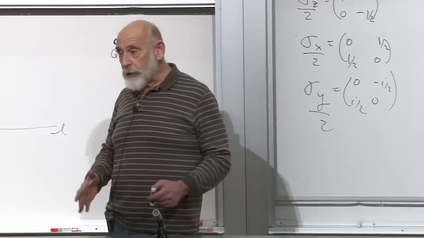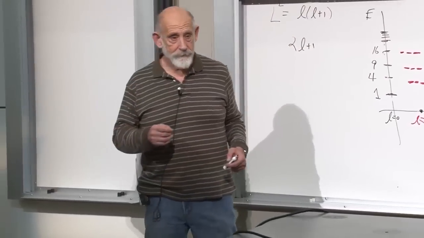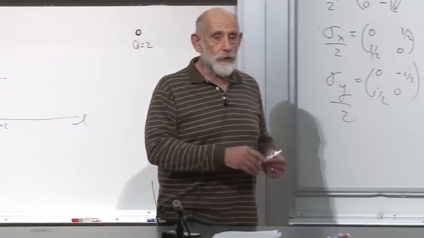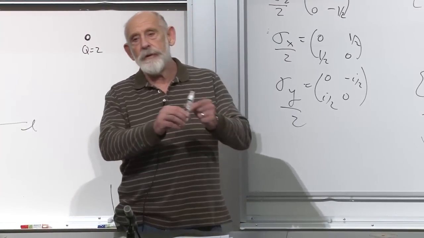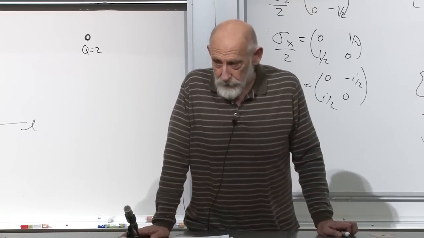So if you took the hydrogen atom with 1 electron and put it in the magnetic field, the 2 possibilities for the electron spin, along the magnetic field and opposite to it, would now have 2 different energy levels.